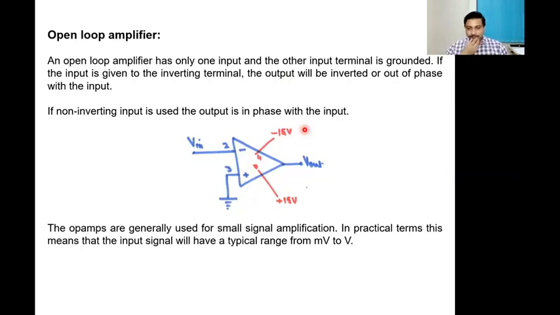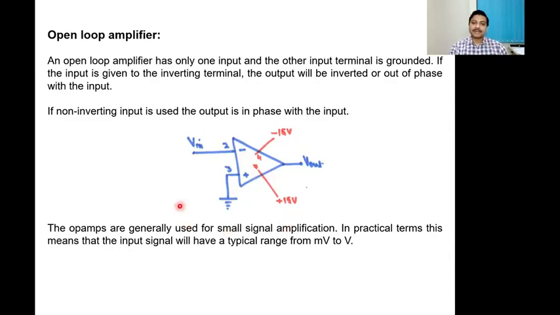Now, typically these operational amplifiers, especially the 741 or the other ones that we'll be using, are generally used for small signal amplification. And here it's important to define what a small signal is. Why? Because the gain, as we saw, is very, very large. So one has to worry about what kind of signals we give and what kind of outputs we can expect.